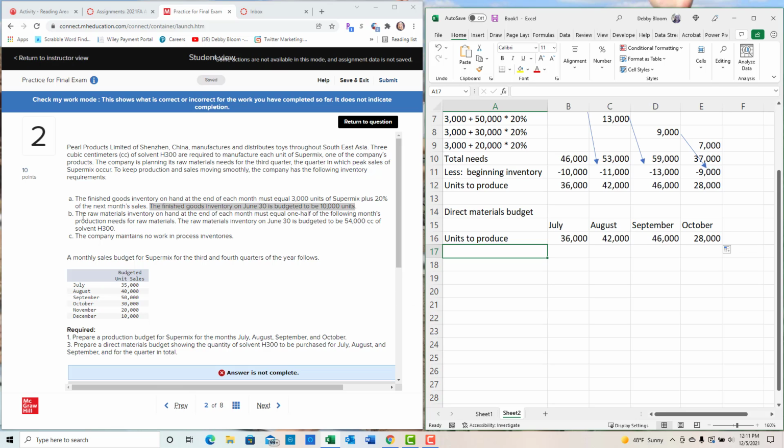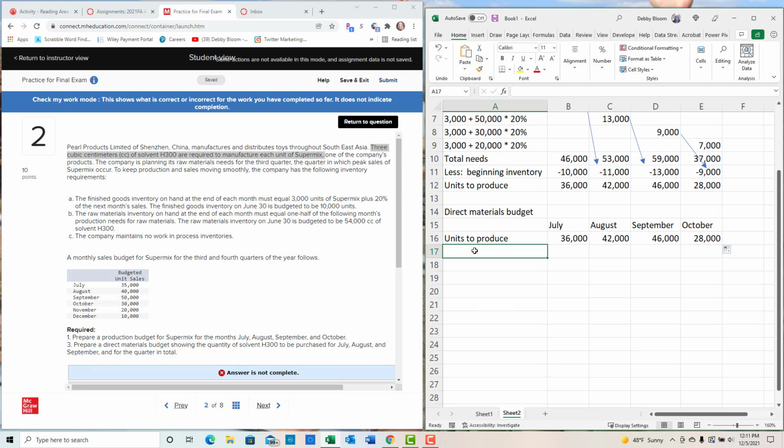So in part B, we're told that the raw materials on hand at the end of each month must equal 1/2 of the following month's production needs for raw materials. But up here, we were told that 3, this is the important part over here, 3 cubic centimeters of H300 are required to manufacture each unit of supermix.